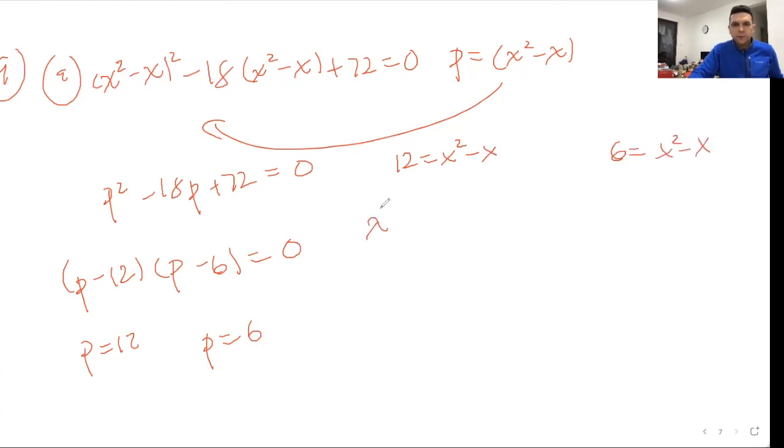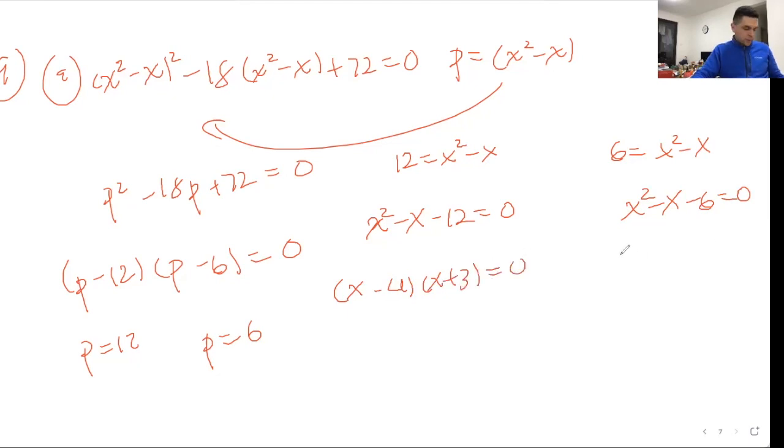I'll just rearrange this. x squared minus x minus 12 equals 0. x squared minus x minus 6 equals 0. And then this simplifies to x minus 4 times x plus 3 equals 0, and this one to x minus 3 times x plus 2 equals 0.